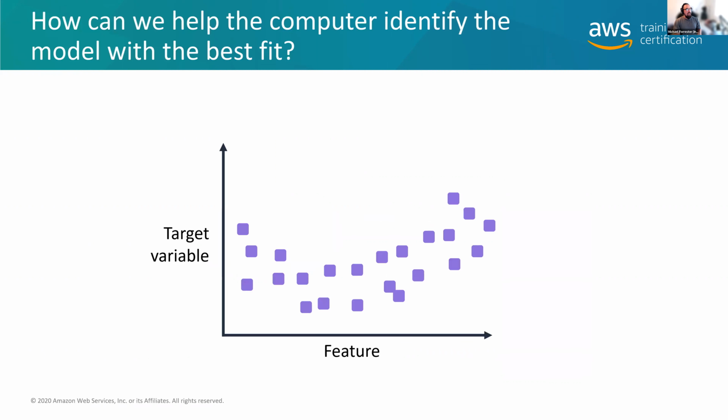So how can we help the computer identify the model with the best fit? With this linear regression model, let's assume you have 1,000 data points and you've got one feature column and one prediction column. They are distributed as seen here, right? Feature is X, prediction label is Y. Remember, during training, it's trying to map between X and Y the simplest way possible.